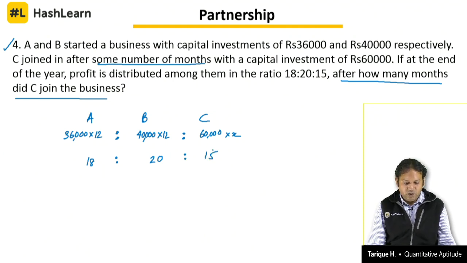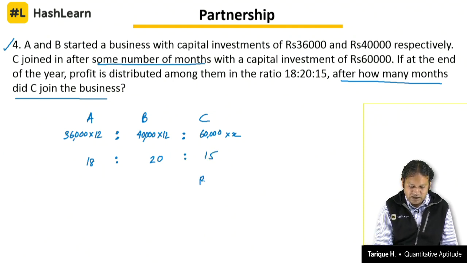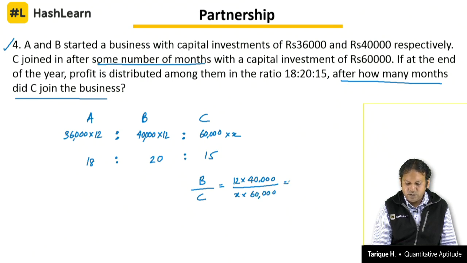So what we can say is that the ratio of B to C, which is 12 into 40,000 upon x into 60,000, is equal to 20 by 15. You cancel the zeros here, all the zeros will get cancelled, right?